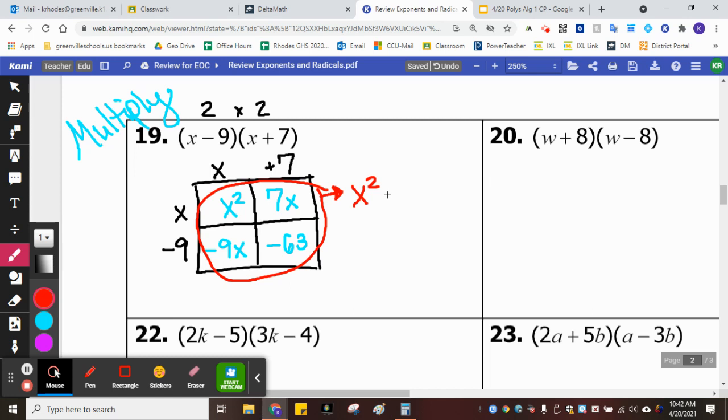Plus what? Okay, so you have 7x and you have negative 9x. So what does that equal? Because if you have 7x and negative 9x, you're going to have to combine those. What's 7 minus 9? Or 9 minus 7?